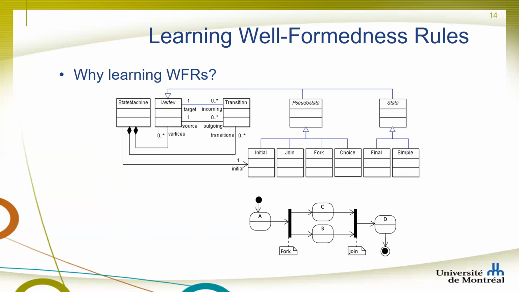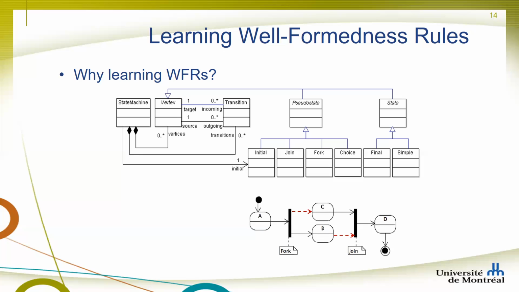Then I can build this kind of model using this language. But if I write this model, it conforms to this description, but it is not valid because, for example, for a fork I need to have 2 outputs, and for a join I need to have 2 inputs. So how to ensure that a model like this is validated with respect to this?